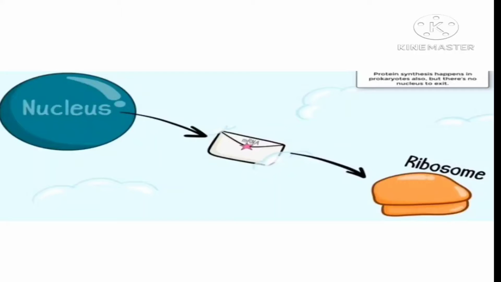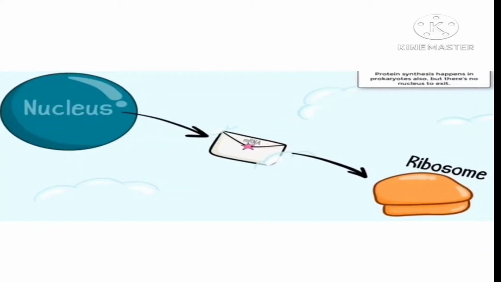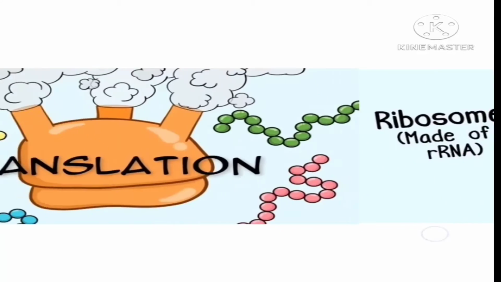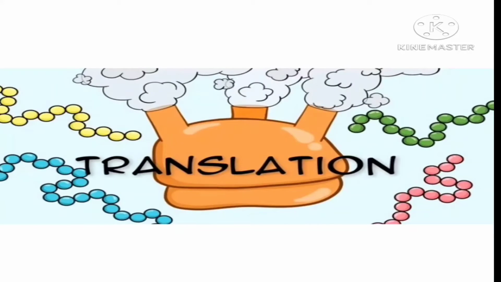So ribosome makes protein. The ribosome is made of rRNA, or it stands for ribosomal RNA. So the ribosome is going to build a protein in the next step called translation. So muna siya tawag translation na.